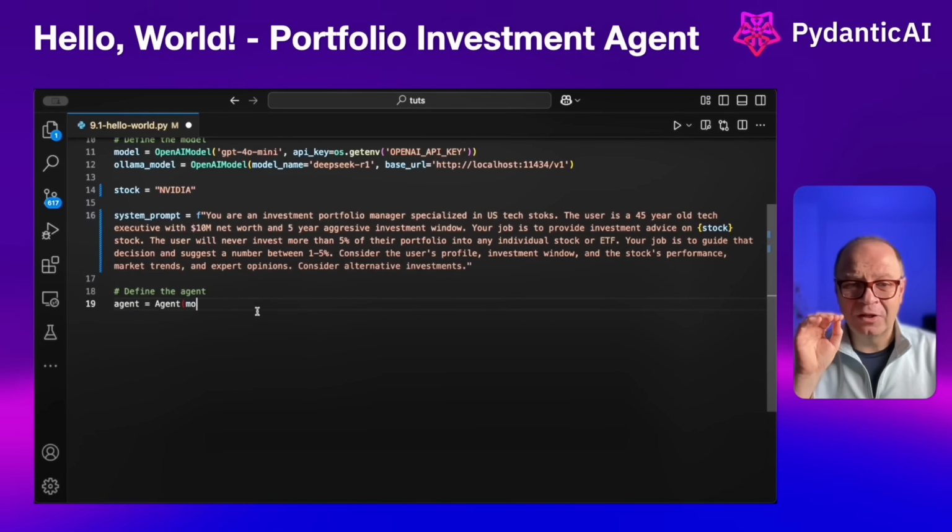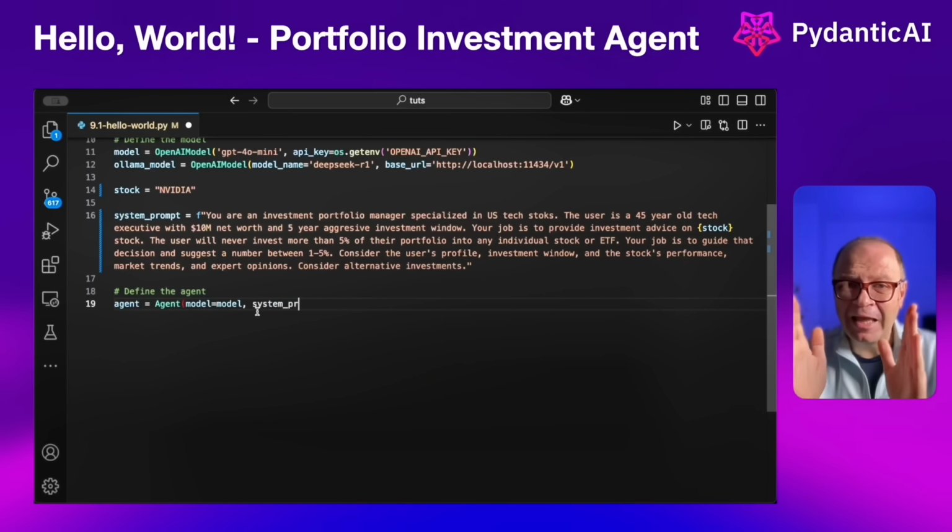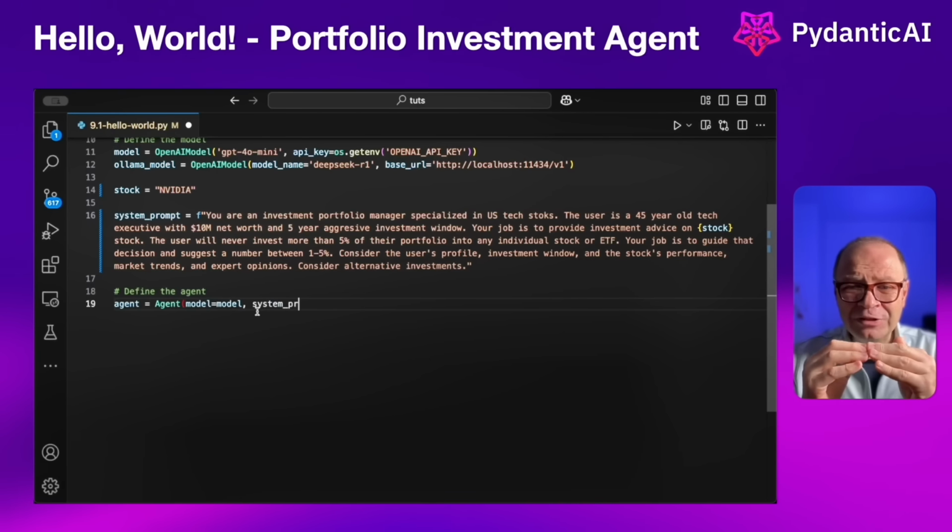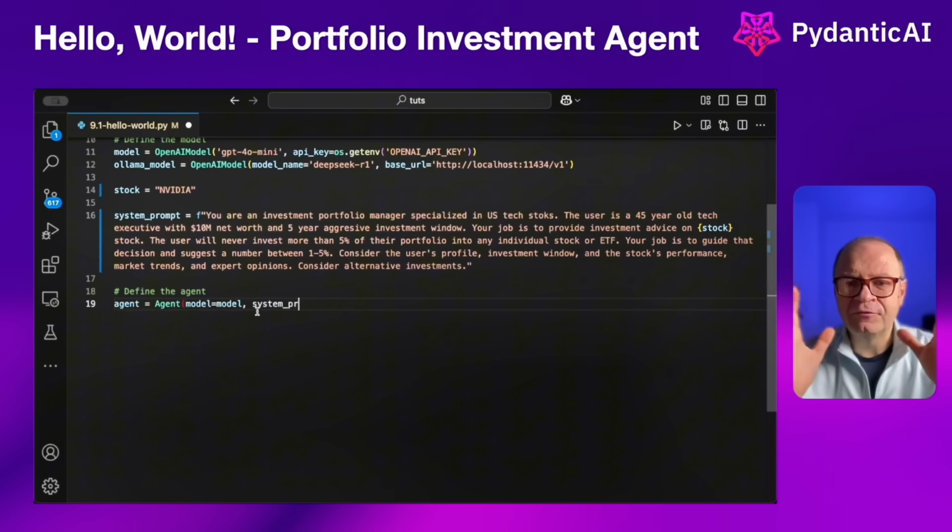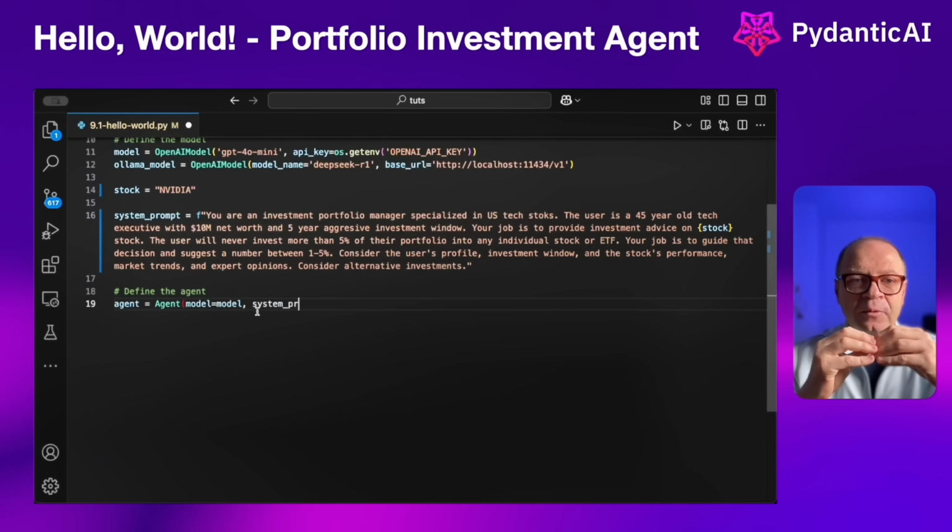I cannot underscore more how important it is to have a descriptive and restrictive prompt so that the model knows what to produce. For example, if you just go ahead and ask, which one is better, NVIDIA or Tesla? The model gets confused. It does not know based on what criteria to put this information together. It's referring to its training data, and it will give you rather random advice.